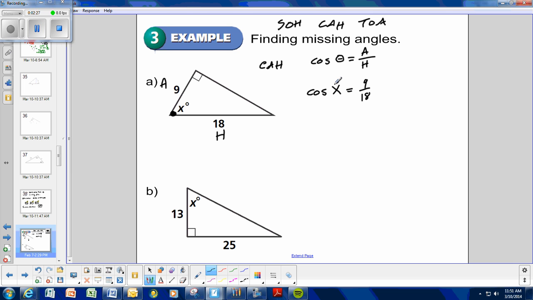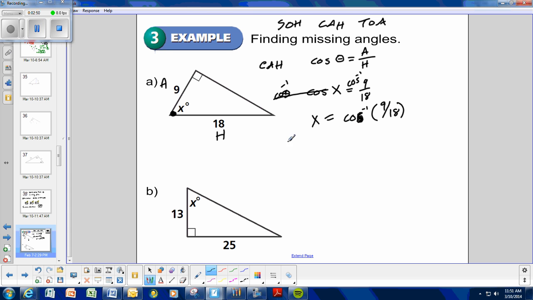Now, to figure out the missing angle, you're going to take the inverse cosine of both sides. That will cancel your cosine here and give you x equals inverse cosine of 9 divided by 18.